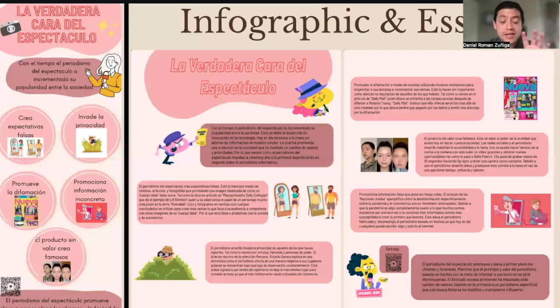And here we can see an example of an infographic on the left and the 2 pages of the argumentative essay of one of the participants. For instance, in the linguistic spectrum, we can see that this participant used "el producto sin valor crea famosos," and "el producto sin valor crea famosos," again, in the essay.